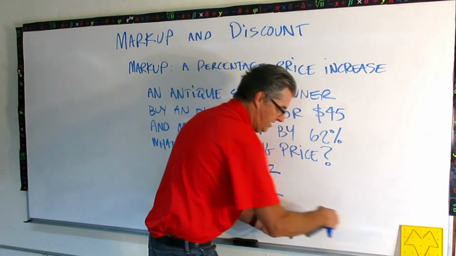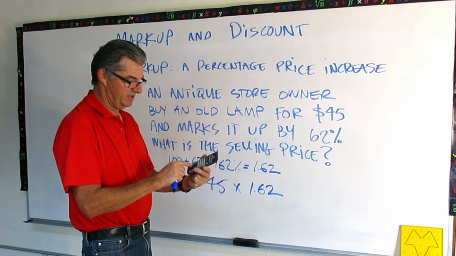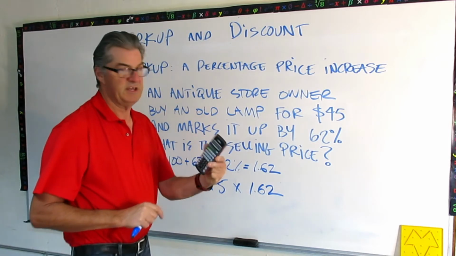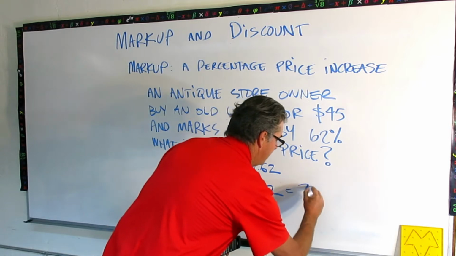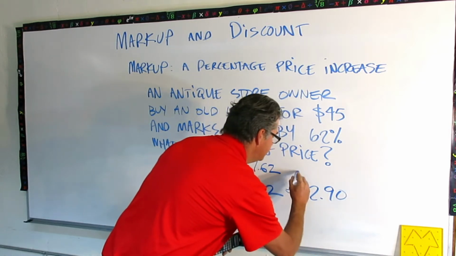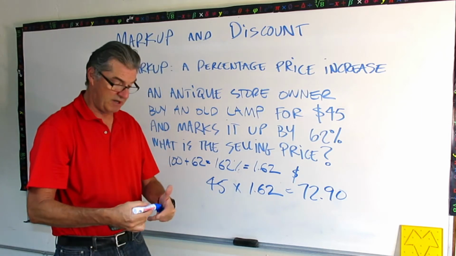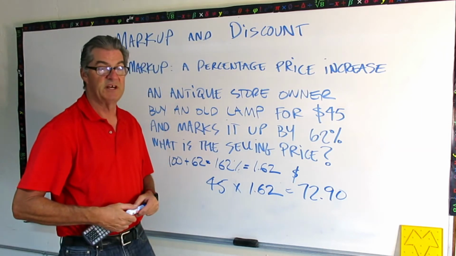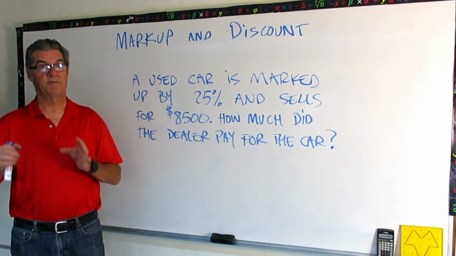Get out the calculator. 45 times 1.62. That gets me 72.9. And since this is money, remember, you put that trailing zero on the decimal because that's $72.90.